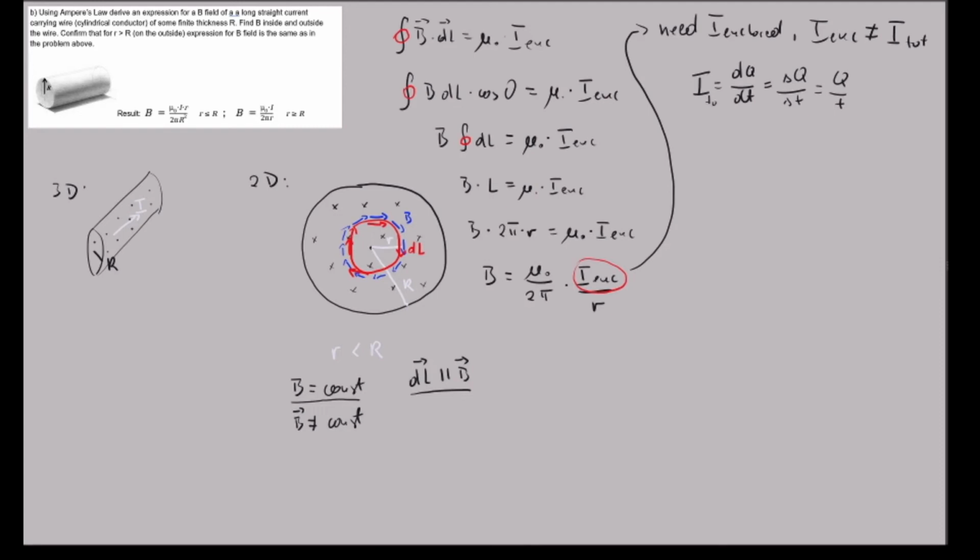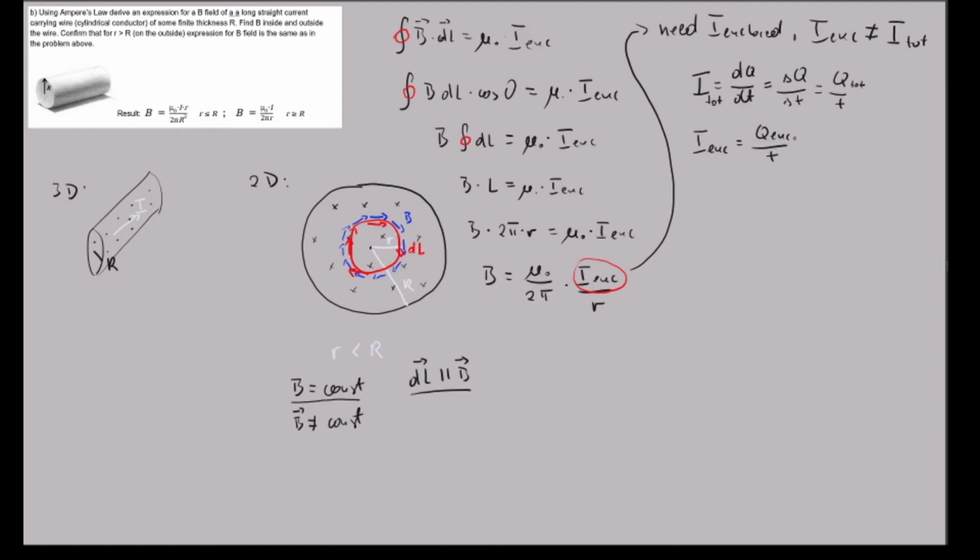If I make this the total current, then this has to be the total charge. But if I want to use the enclosed current, then that would be Q enclosed over the time instead. And so this is the equation I'm going to move forward with.